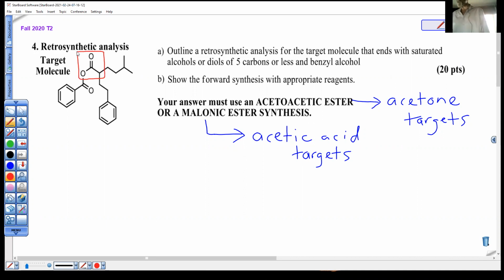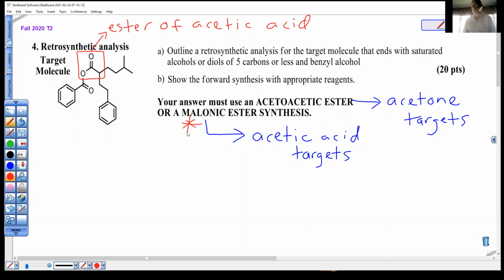I just circled acetic acid. Yes, it's an ester of acetic acid. You must incorporate a malonic ester synthesis.